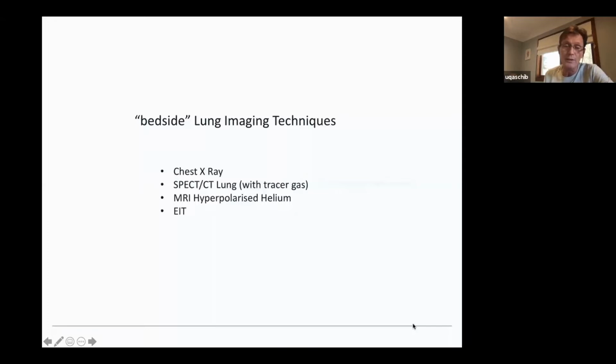We have very sophisticated new technology with CT scanning and single photon emission CT. I'll show some pictures there. They're creating fantastic images of where the ventilation is distributed. You can almost pinpoint down to certain segments and identify them.